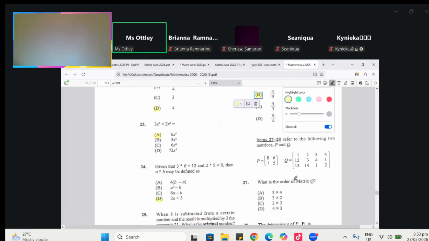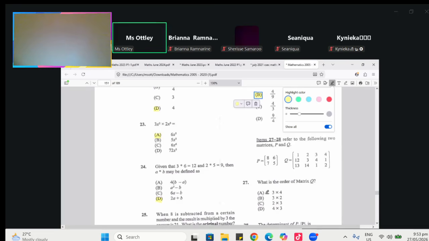Items 27 and 28 refer to the two matrices P and Q. Number 27, what is the order of matrix Q? A. Thank you.